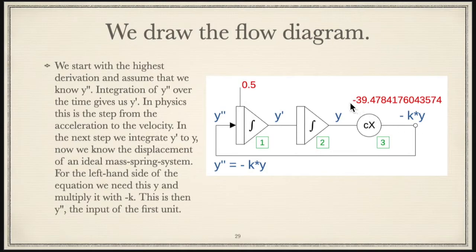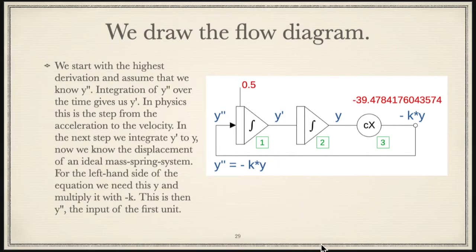And change the sign. We can do this also here. We multiply with minus this horrible number. And then this one is equal to y double-prime.